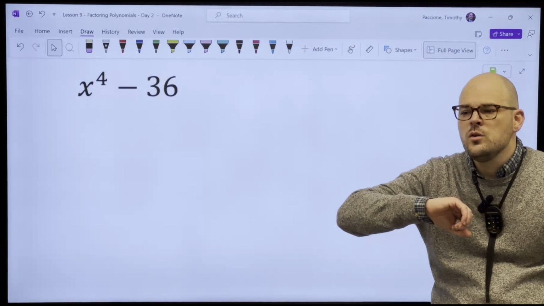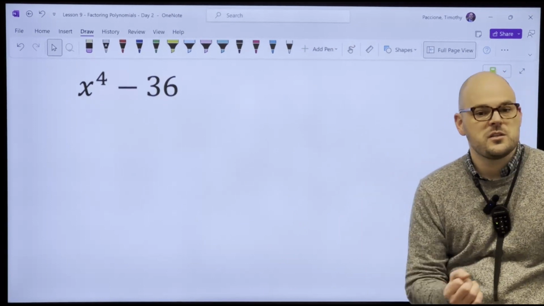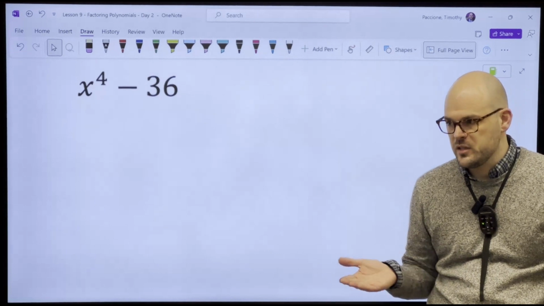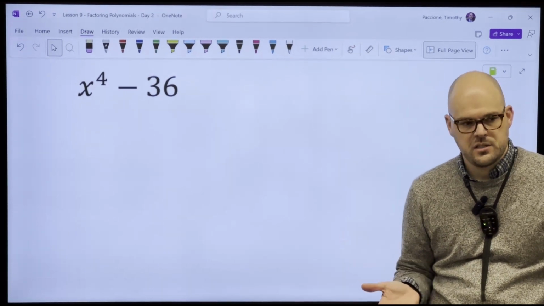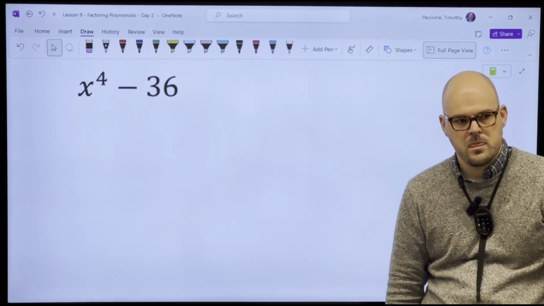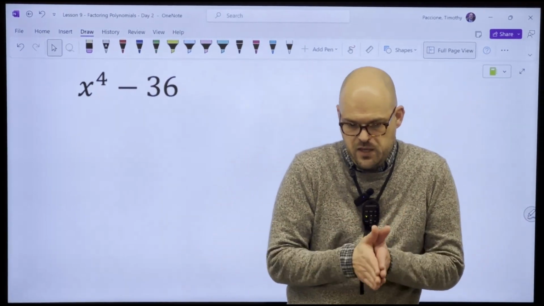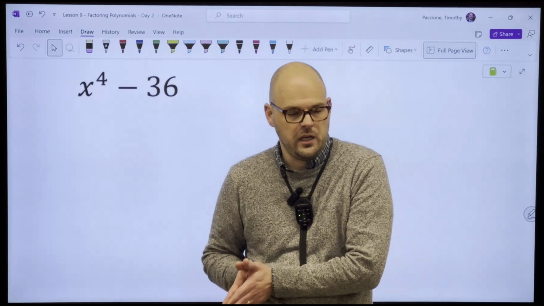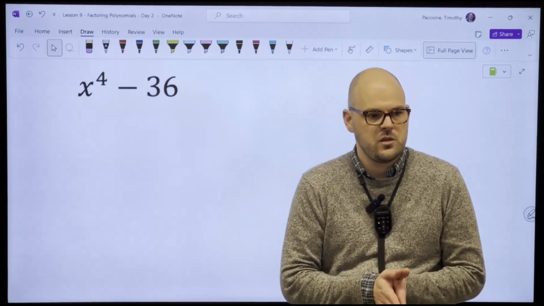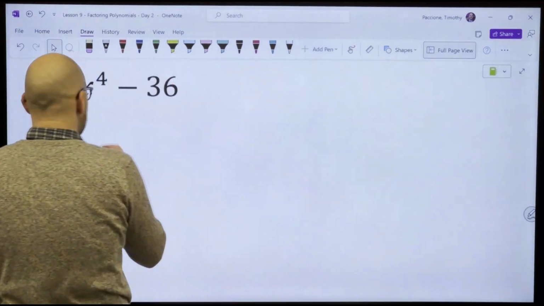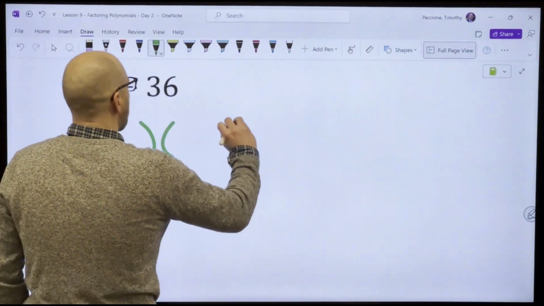A difference. So if only x to the fourth was a perfect square, we would have the difference of perfect squares. Is x to the fourth a perfect square? Well, yes, because a perfect square is when you can multiply something times itself and you get the thing, right? What times itself is x to the fourth? X squared, right? So this is the difference of perfect squares, right?